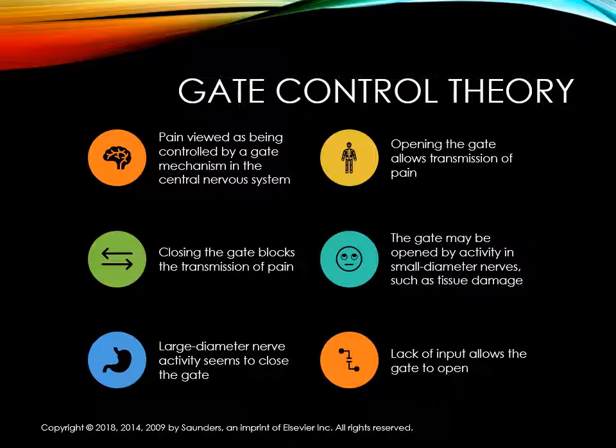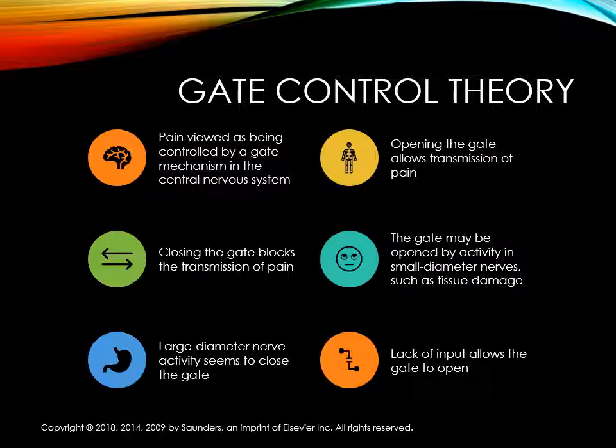The gate control theory stated in the simplest terms that opening the gate allows the transmission of pain sensation, and closing the gate blocks the transmission of pain. Several ideas that affect nursing practice are part of the gate control theory, including the gate may be reopened by activity in small diameter nerve fibers from such things as tissue damage.